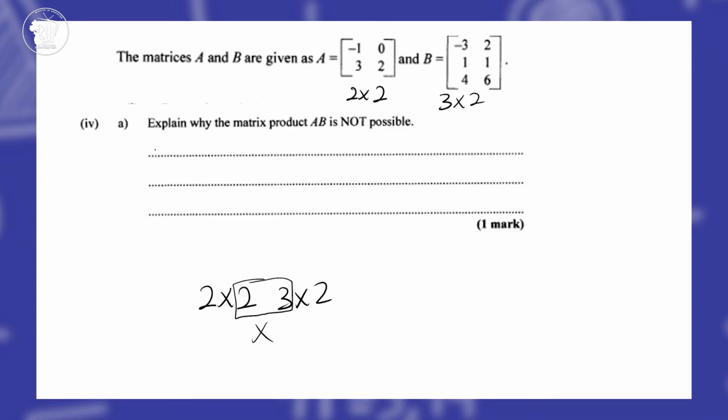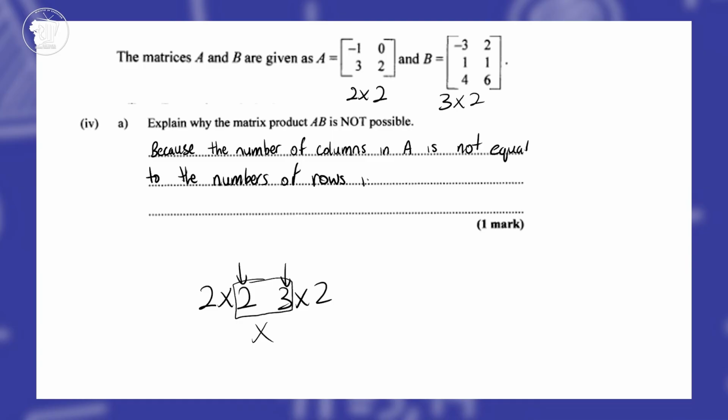So we can say the reason being, and this here would be row by column, because the number of columns in matrix A is not equal to the number of rows in matrix B. And that's how we get our 1 mark.